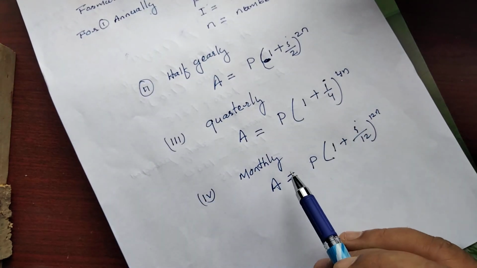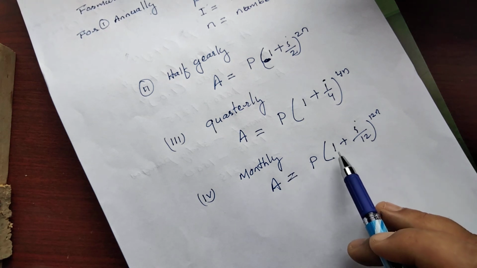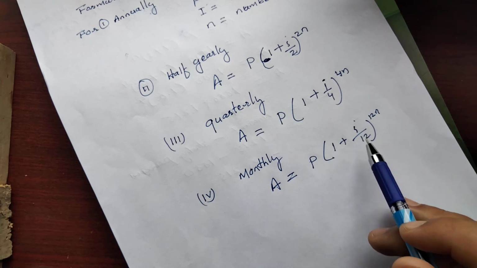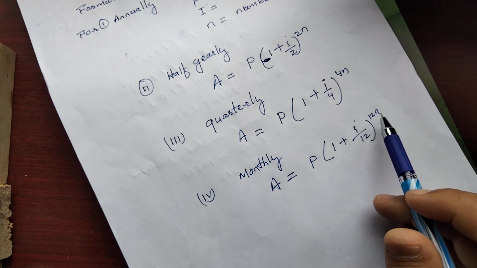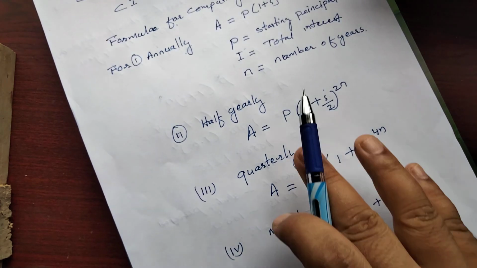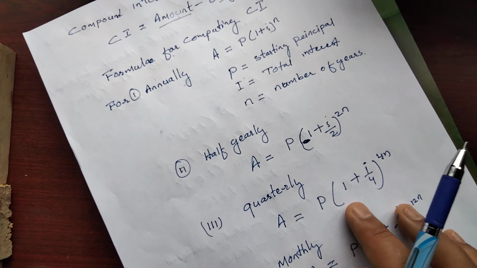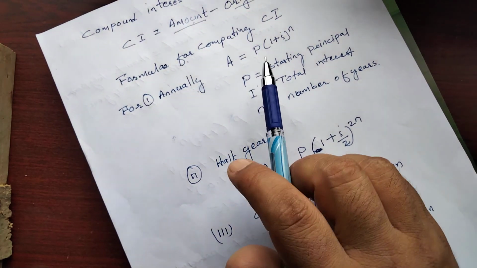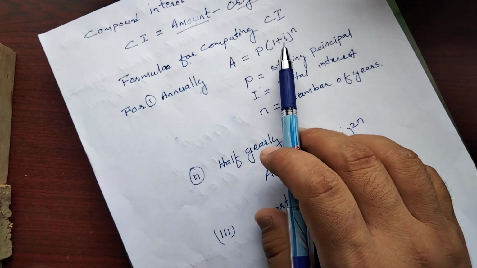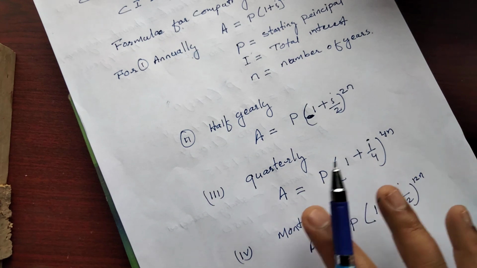And if the interest is monthly, then A is equal to P(1 + I/12)^(12n). So these are the formulas you have to use. You have to see the equation and accordingly apply the formula. If per annum is written, you put the first formula. If half yearly is written, you put that formula, likewise.